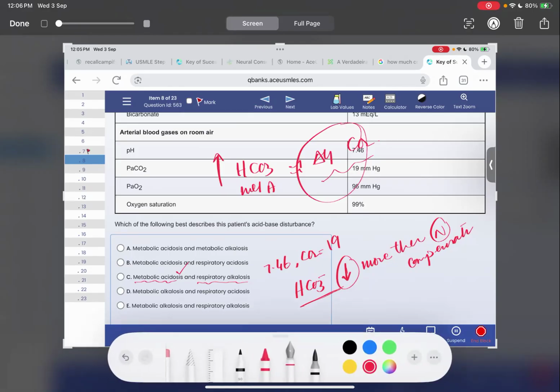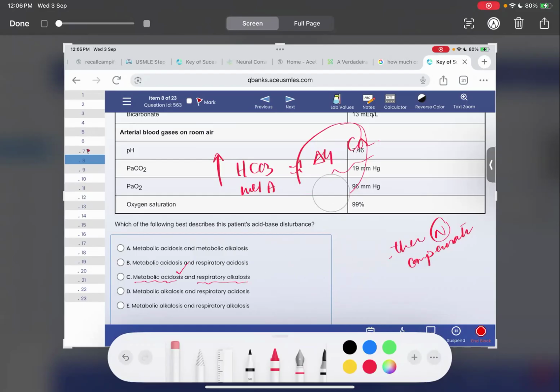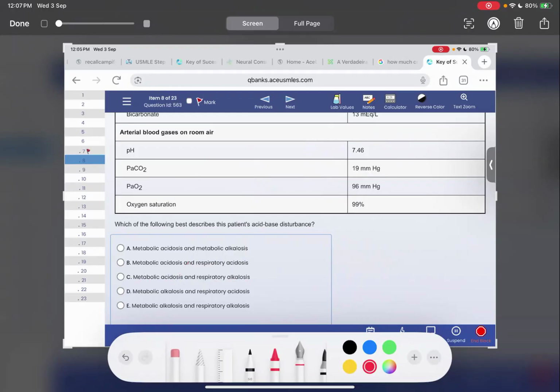Most of the time you will not see such a difference, and you will understand it from the stem. If you have mixed type in a stem, then you have to check it. If you don't have mixed type in your stem, just go straight through the one primary. Got it?